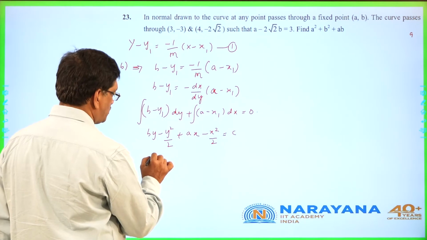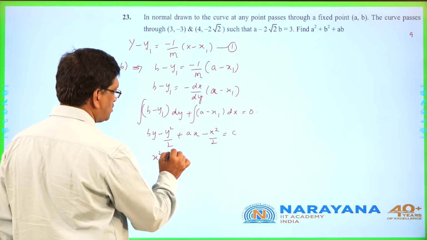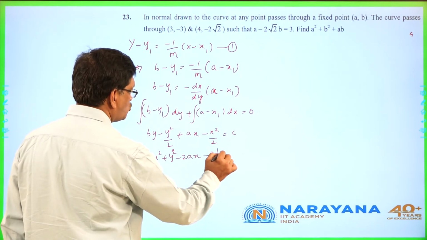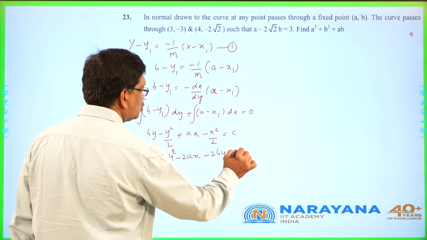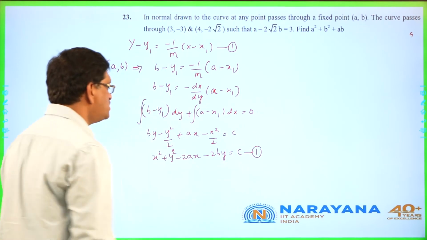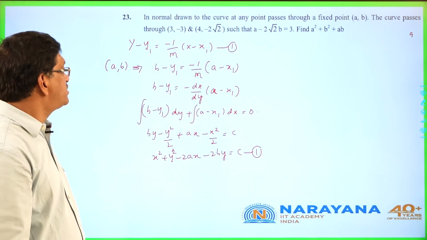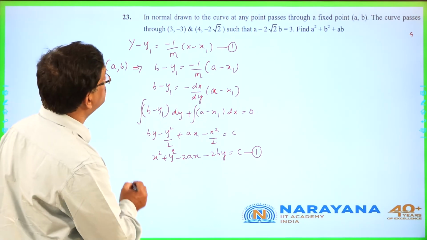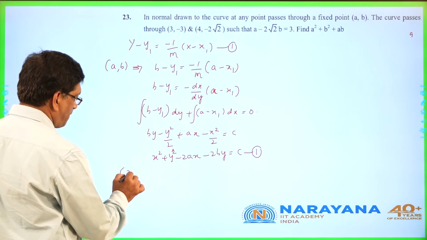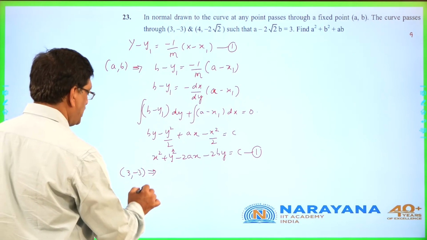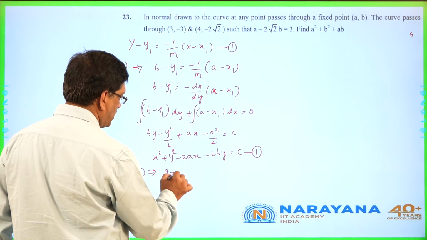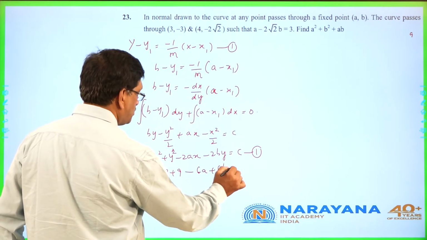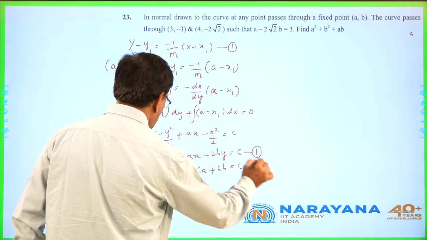If you take LCM, it will be like this: x square plus y square minus 2ax minus 2by is equal to 2c, which is also a constant, c only. It is a circle, right? It passes through the point 3 comma minus 3: 9 plus 9 minus 6a plus 6b equal to c.